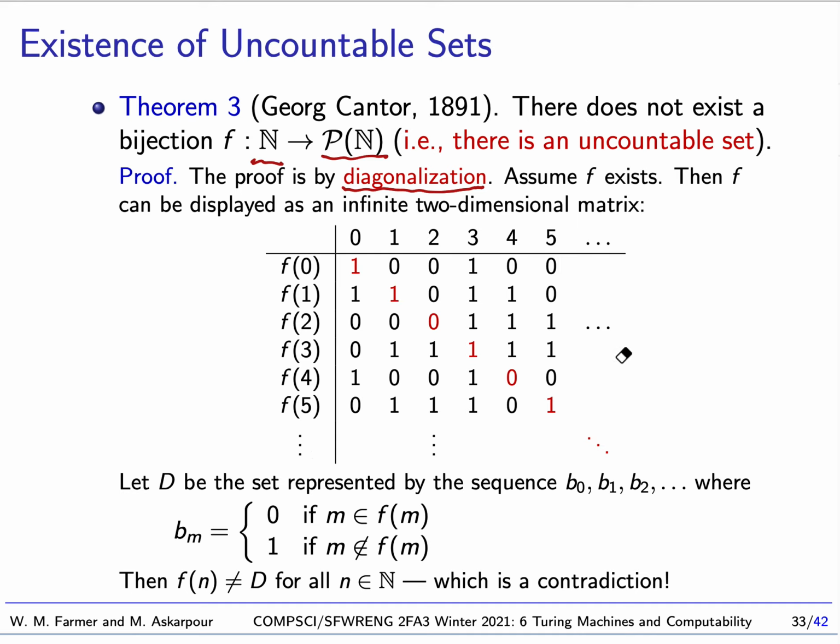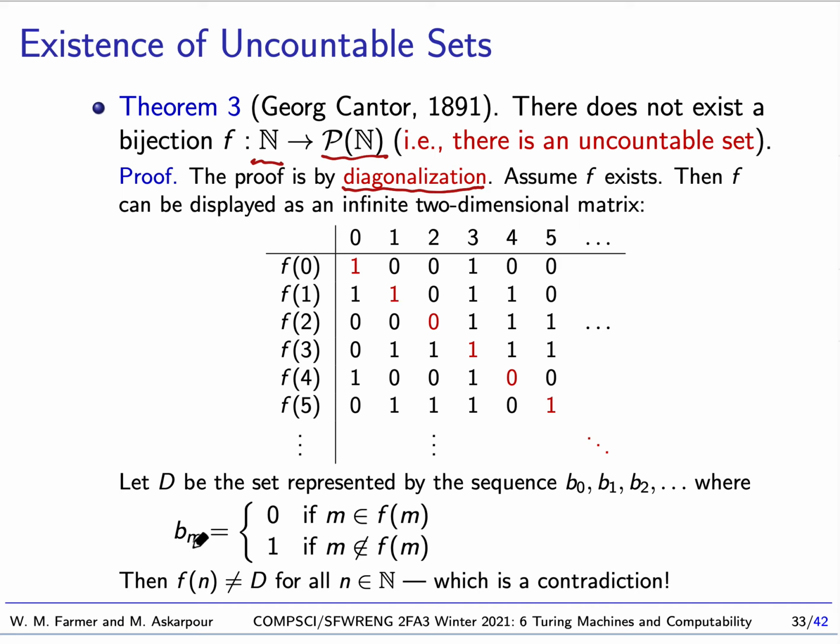Okay, so what I'm going to do now is I'm going to define a set. It's called D. And D is going to be a sequence of zeros and ones. And so it's going to define a set just like each of these lines. It's going to be a sequence of zeros and ones. And it's going to be defined as follows.